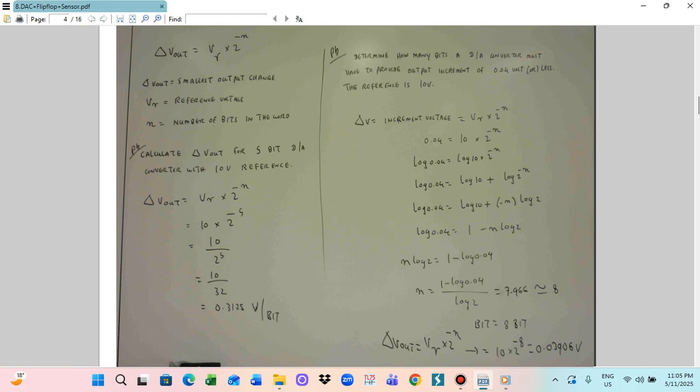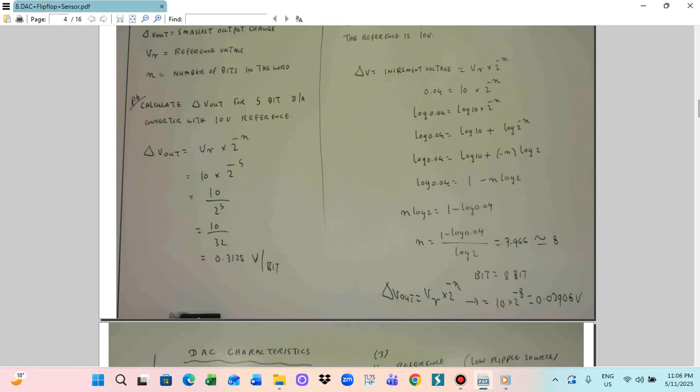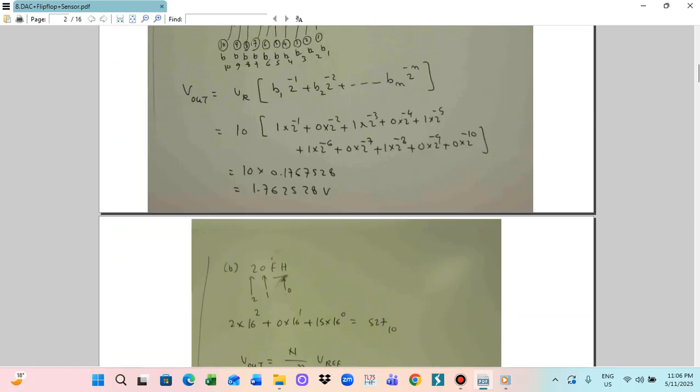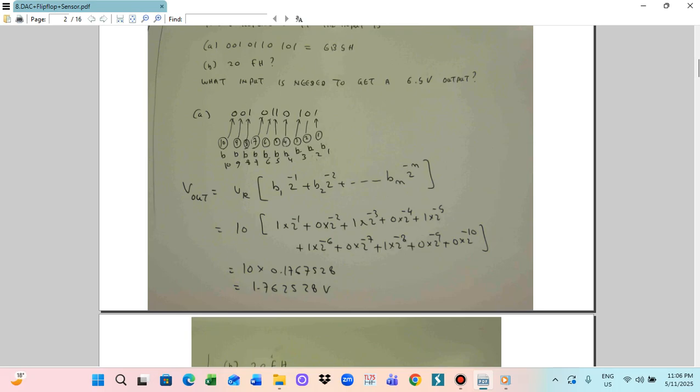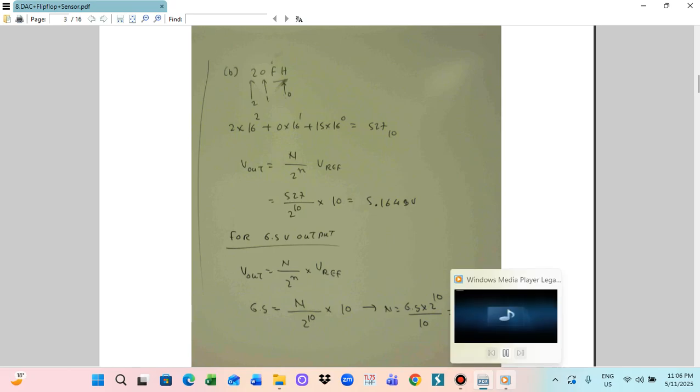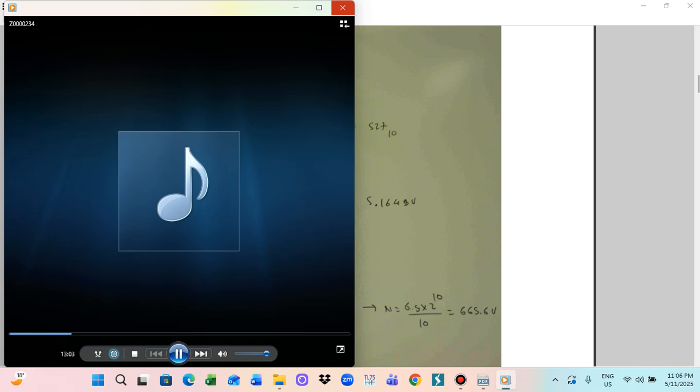This starts from bit 1 to bit 10. Then we substitute in this formula, V1 to power minus 1, V2 to power minus 2, and so on, substituting all bits, so we get V out. The second one is 20FH. FH means this is the hexadecimal system. Normally in the hexadecimal system we can count from here. This is one.